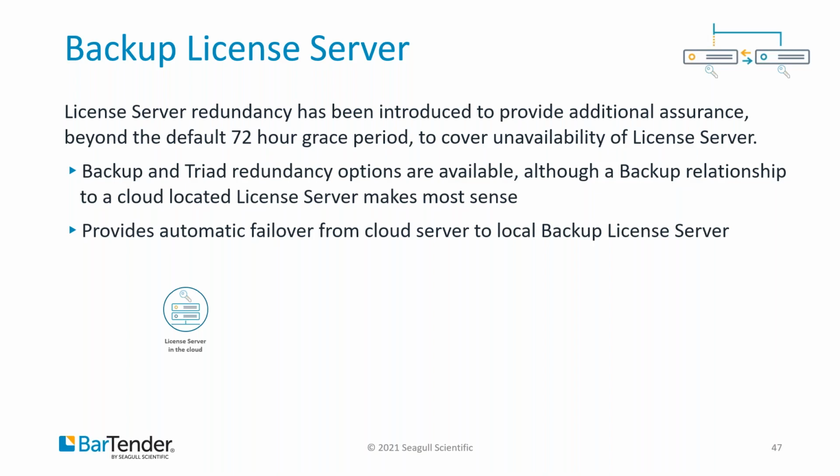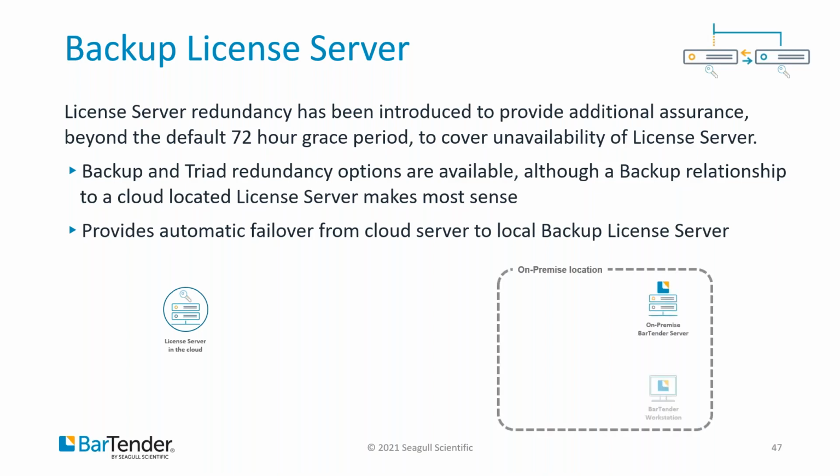With BarTender 2021, we introduce backup and triad redundancy options. And in the context here, it would be a backup license that you would set up so that on your on-premise BarTender server, you would have a backup license server running.